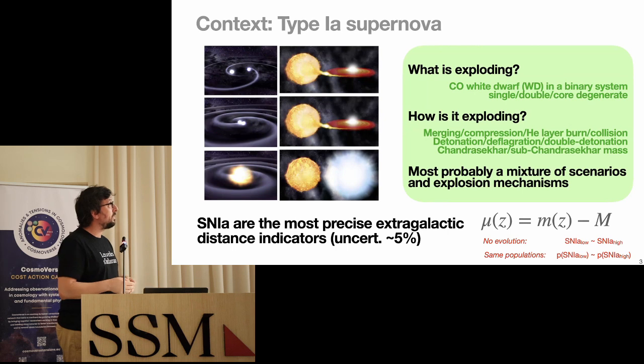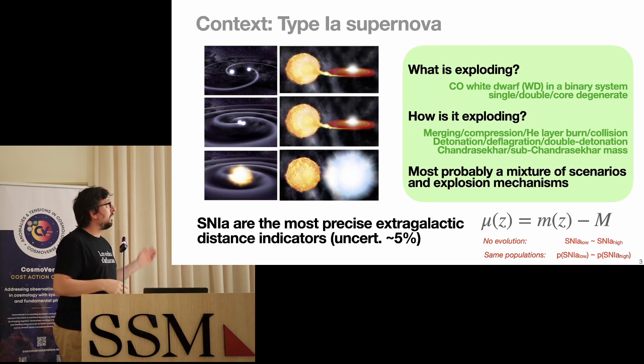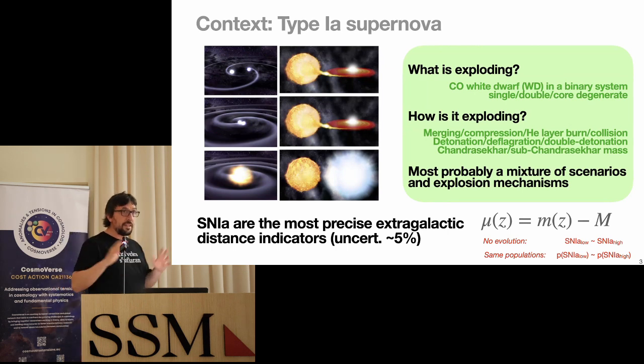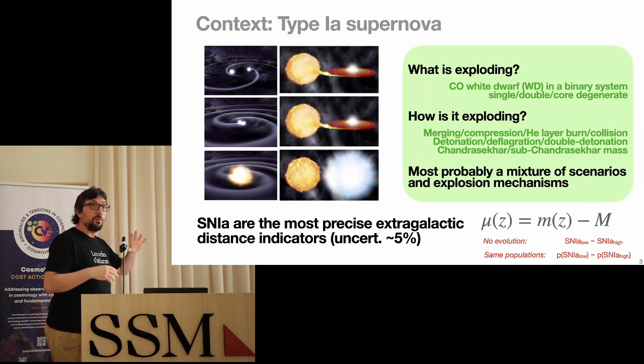The explosion mechanism can be a detonation, a deflagration, double detonation, merging of two stars, surface explosions with helium. I mean, there are Chandrasekhar mass explosions, sub-Chandrasekhar mass explosions. There's a variety of things going on. And most probably it is a mixture.